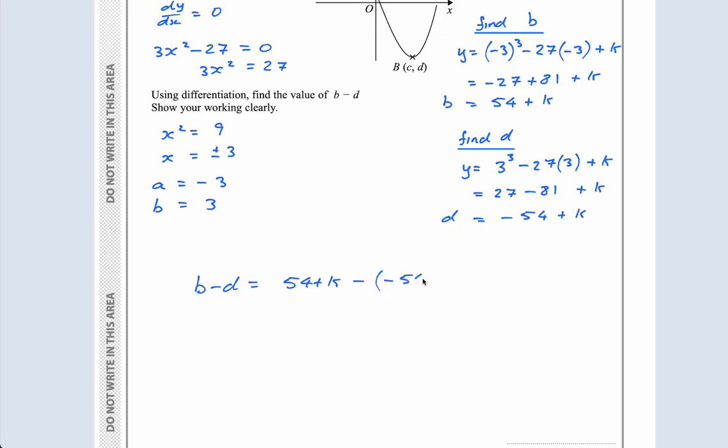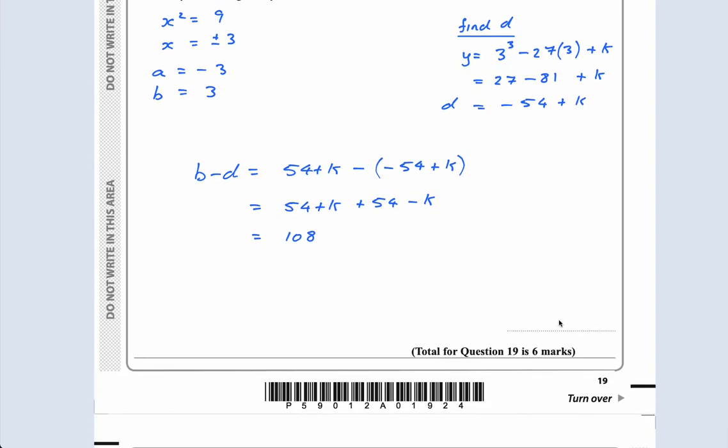Minus minus 54 plus k, which is equal to 54 plus k plus 54, because it's minus minus k. These two add together, 54 plus 54 is 108, and k minus k is 0. They're gone. So the value of b minus d is 108. And there we go, 108.